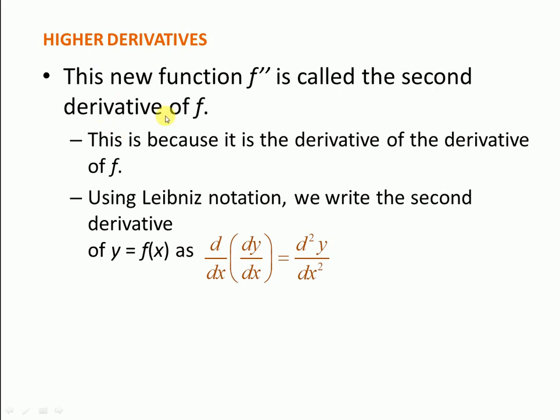So this new function notation is called the second derivative of f. And this is because it's the derivative of the derivative of f, or if you use Leibniz notation, we can write the second derivative as d squared y over dx squared.